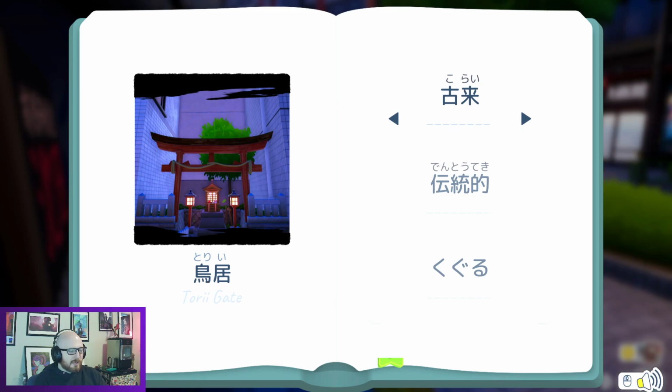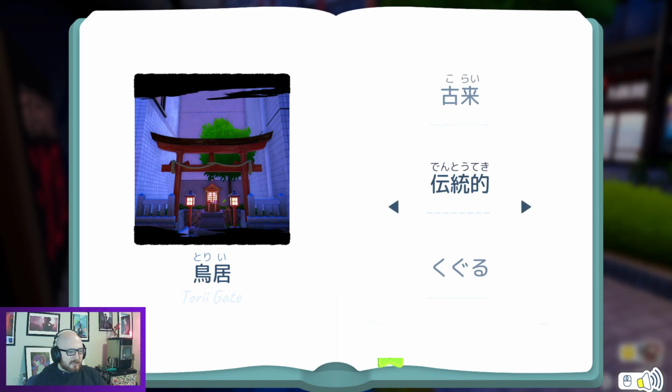Korai. Okay. Dentoteki. Kuguru. Okay, so if you are unfamiliar, things that end in the like this one's korai, ai, that I sound, ki ends in it as well.